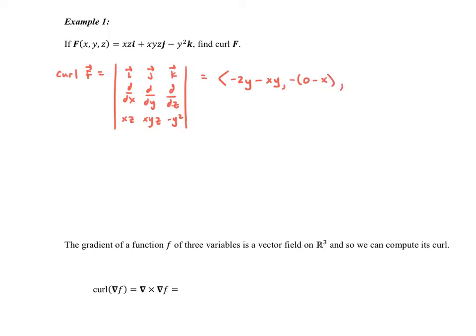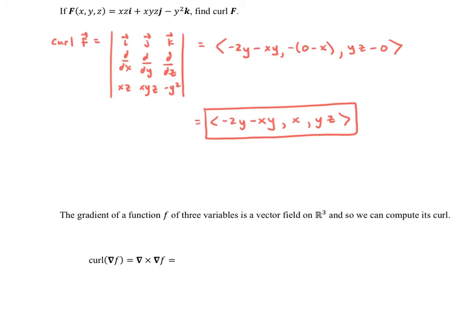And then we have our last one, which is going to be yz minus 0. Okay, so then this simplifies to negative 2y minus xy, and then x, and then yz. And that is curl F. So that's all there is to it.